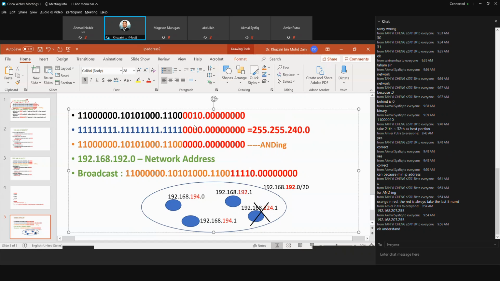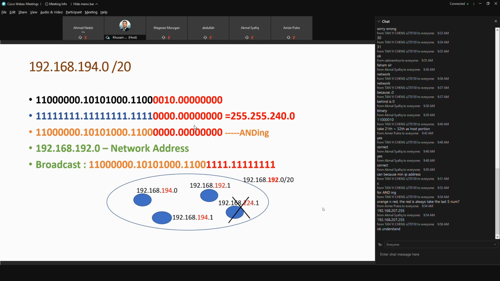Betul tak? 1, 2, 3, 4, 5, 6, 7, 8. So broadcast address will become like this. So when you convert, it becomes 192.168.207.255.